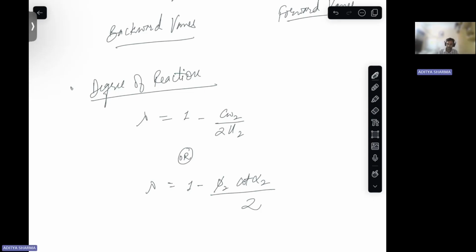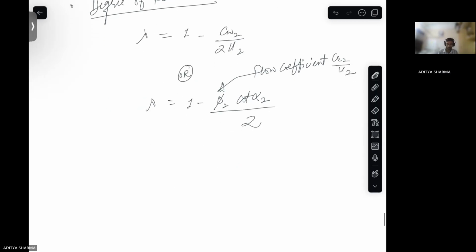This is the flow coefficient, which is C_r2 by U_2. So this is there.